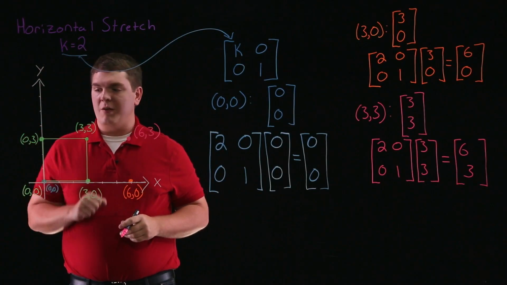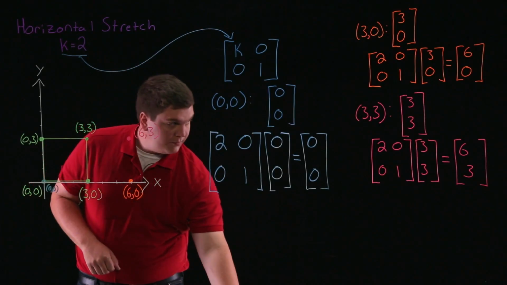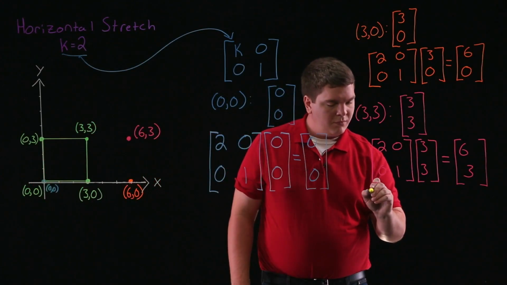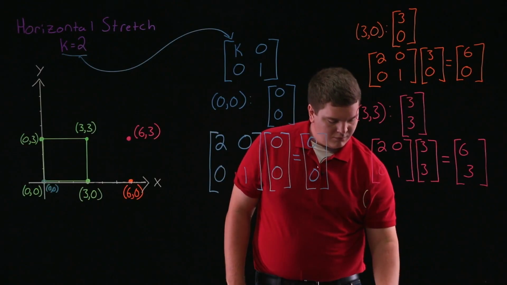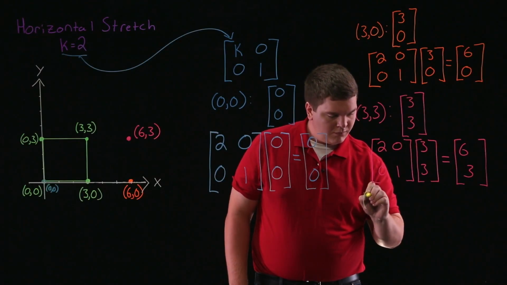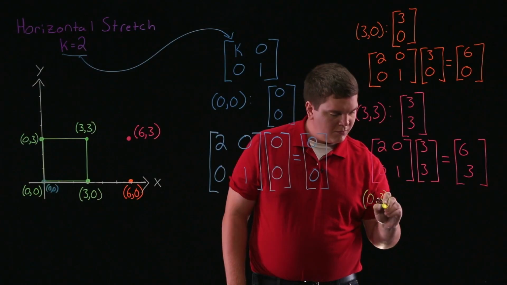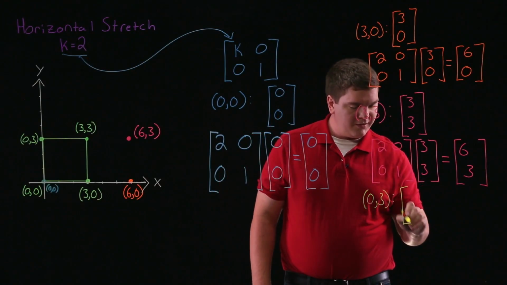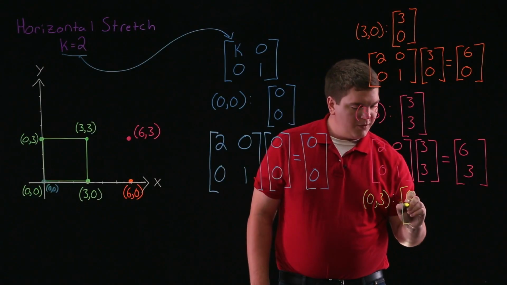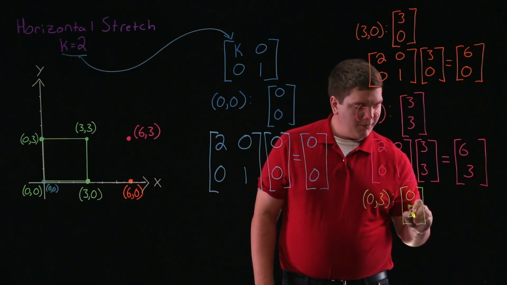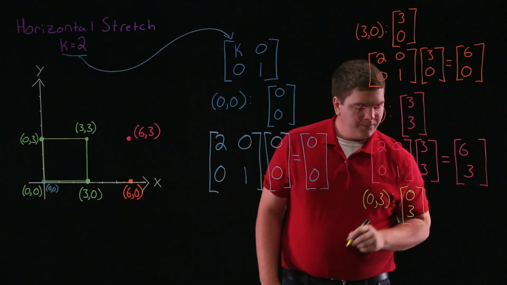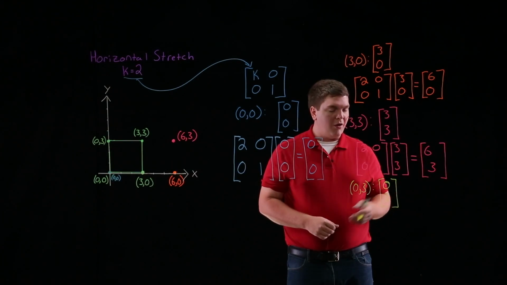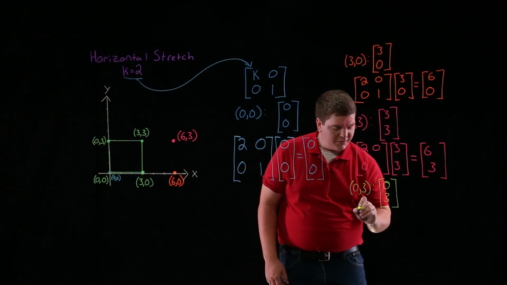And finally, we have to look at the point 0, 3. Again, we'll begin by representing this point with a column matrix, with a 0 in the first row and a 3 in the second row. To find where this point gets moved, we'll multiply by our transformation matrix.